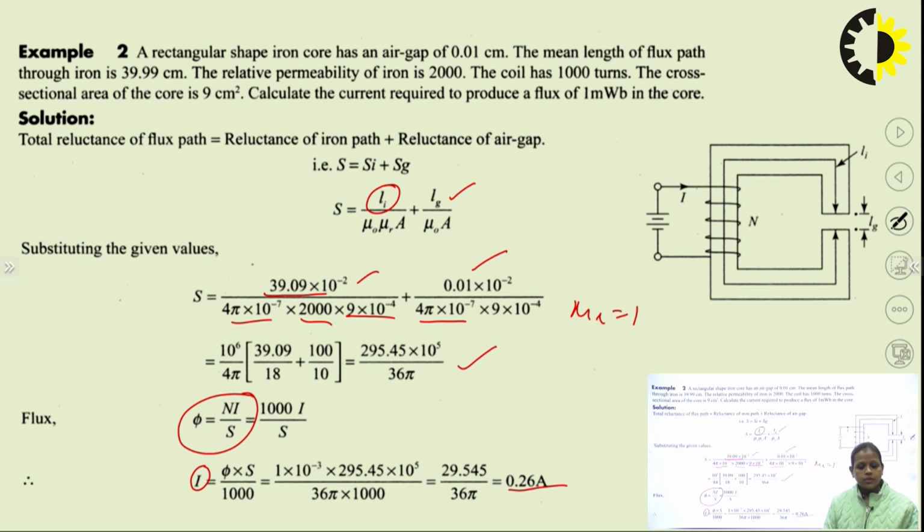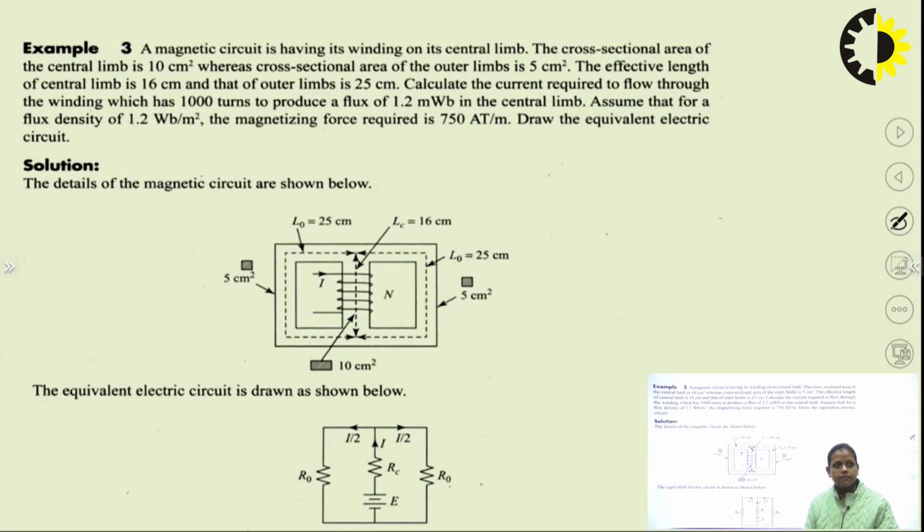Now coming to the next example, and this question is from parallel magnetic circuit. A magnetic circuit has its winding on its central limb. The cross sectional area of the central limb is 10 centimeter square, whereas the cross sectional area of the outer limb, this is the outer limb here, is 5 centimeter square.